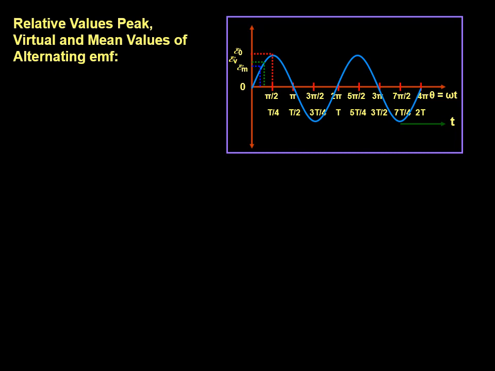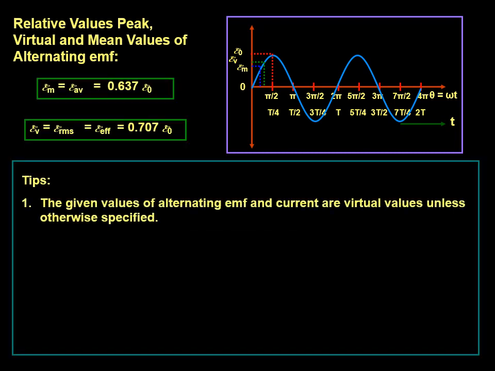The reason is, when the flux changes its direction, sweeping from left to right or right to left, there is also some induced EMF which is not taken care of in the mean value, but in the virtual value it is taken care of. So the RMS value would be a little more than the mean value.